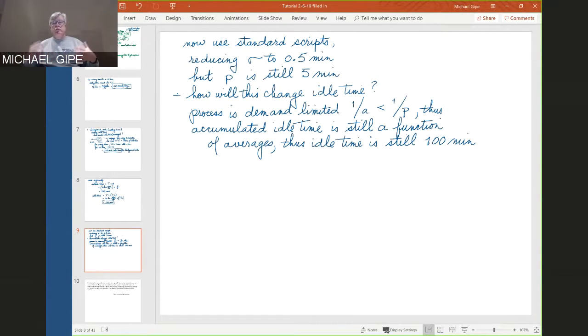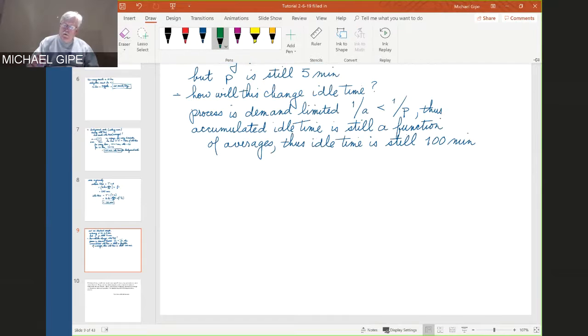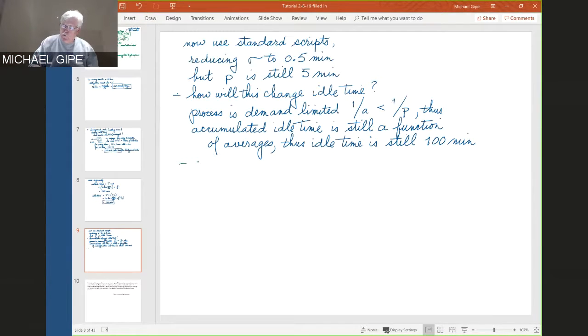But on average, overall, during the day, the amount of idle time is still going to be the same, and the processing time is going to also be the same. Next, we're asked what's the average wait time for the customers.